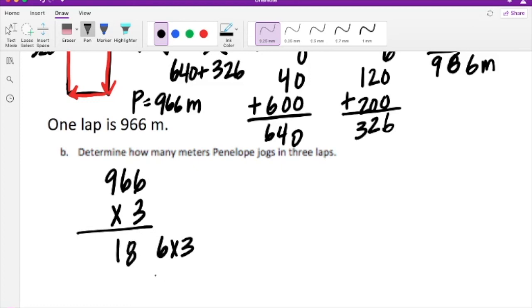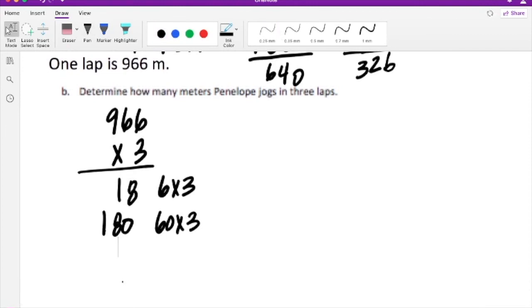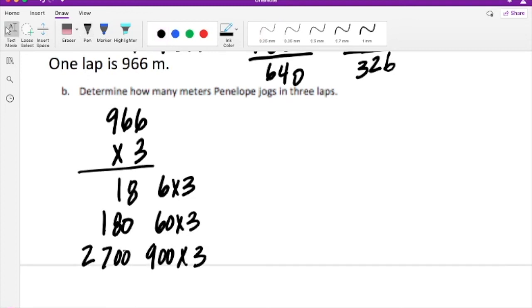Gives me 18. 6 tens times 3 gives me 180. And 900 times 3 gives me 2,700. Yep, 2,700. Now I'm going to add all the partial products.